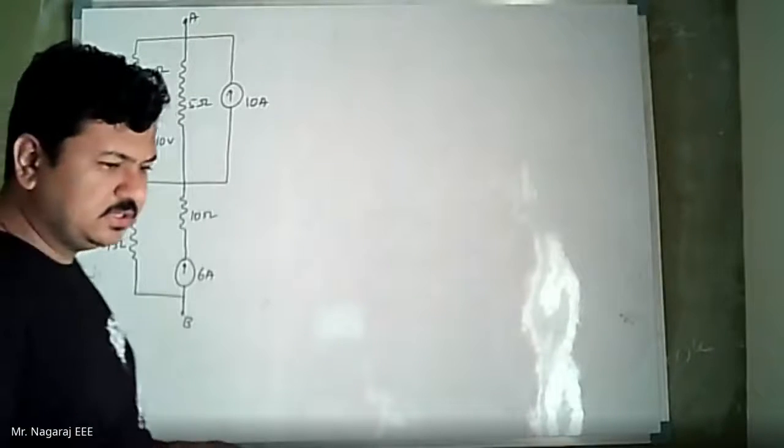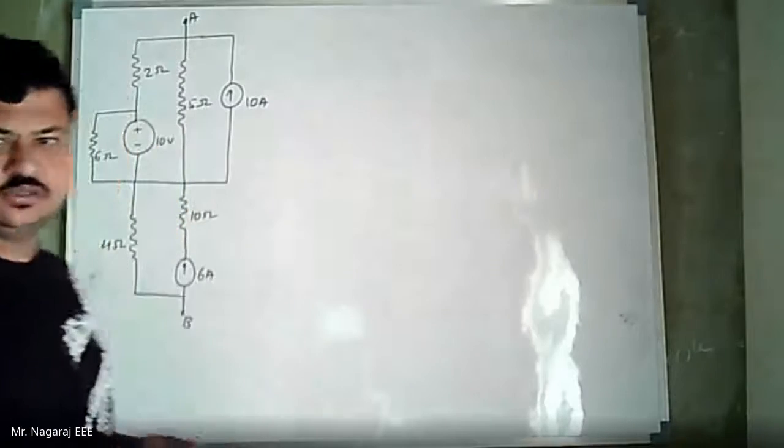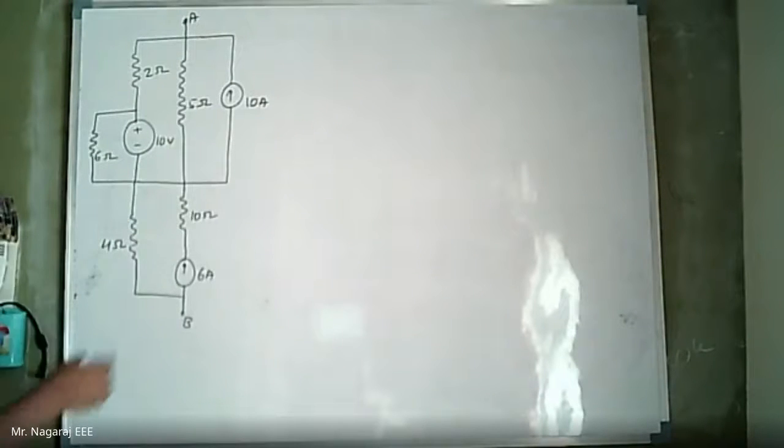Generally we see that the resistances will be in series with the voltage source and in parallel to the current source. But here you observe there is a resistance in parallel to the voltage source and in series with the current source.